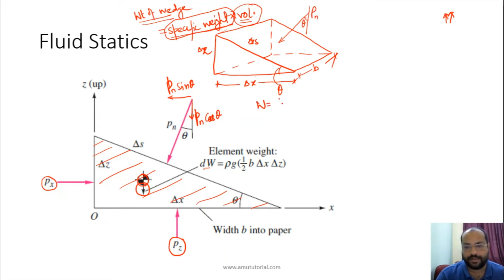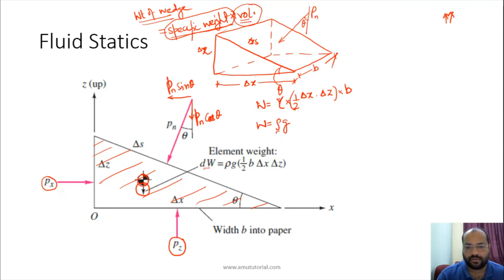Now the specific weight is given as gamma, multiplied by the volume, which will be the area of this triangle, half into delta x into delta z, multiplied by the width. Further, we know that gamma is equal to rho times g.